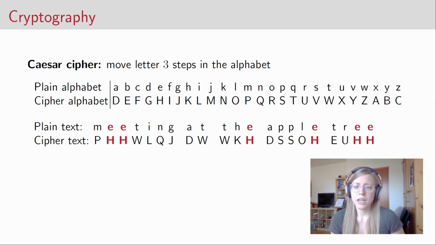So if we actually want to be sure that our message cannot be decrypted, this is not the kind of scheme that we want to use. You can now, of course, think of more sophisticated methods, like, for example, shuffling the letters completely, which gives you lots of different ways to encrypt the alphabet.